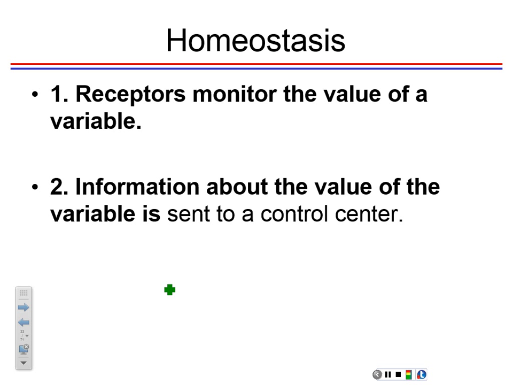So each receptor, again, that's the organization part of the body, will be responsible for a certain stimulus or a certain change, so that it specializes in only that one change, and then it will send the information to the brain. All right? Where it is compared to the set point. Okay?